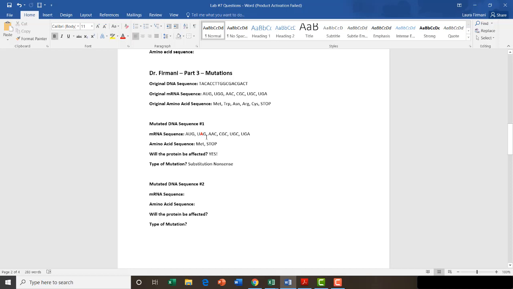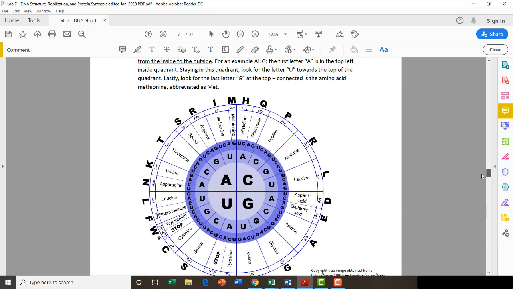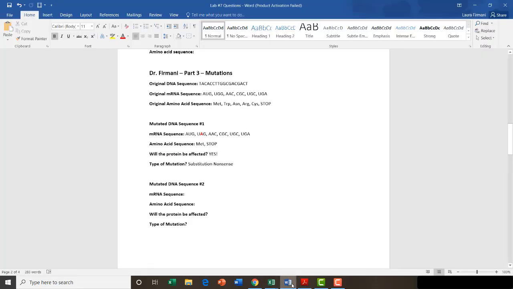Now I have a totally different codon. AUG is the same, so I know that codes for MET. Before it was UGG, and now it's UAG. So I have to come back to my genetic code and see what UAG codes for. A stop codon. So I'm going to write stop for my next codon.